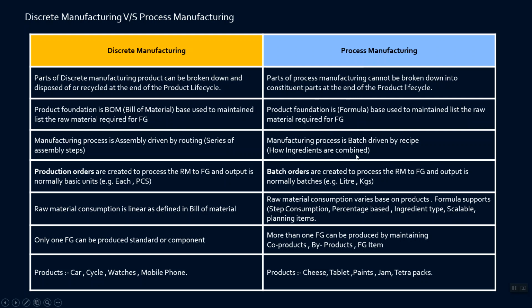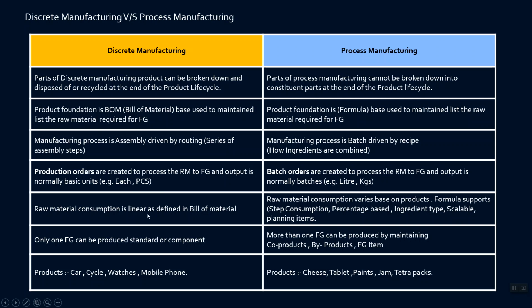Okay, and how ingredients are combined, these particular processes are defined in the route. Here, production orders are created in discrete. In process, batch orders are created and you will see units like liter, kg as the output, whereas here you will see the standard scale units like each, pieces or something like that.